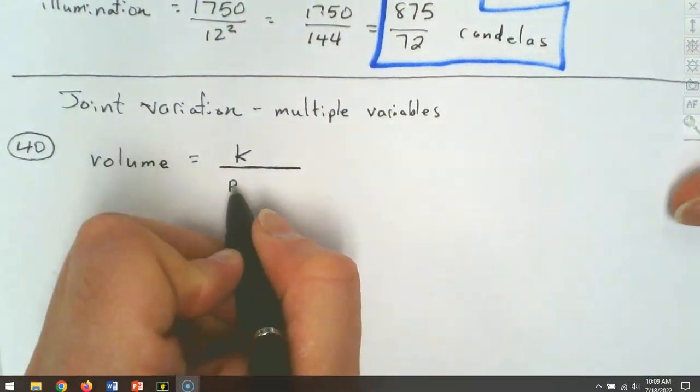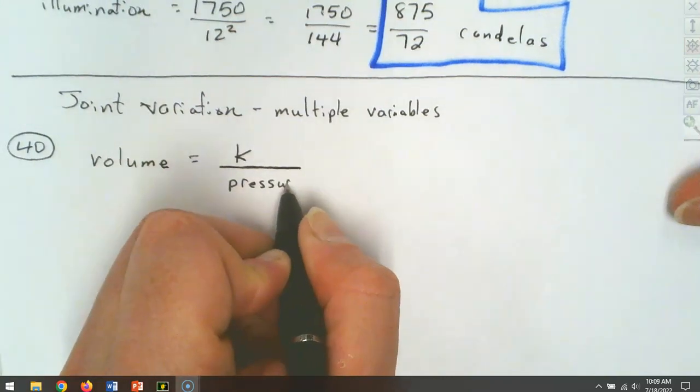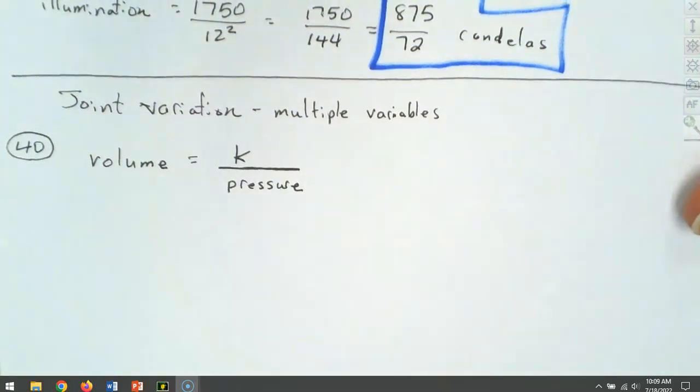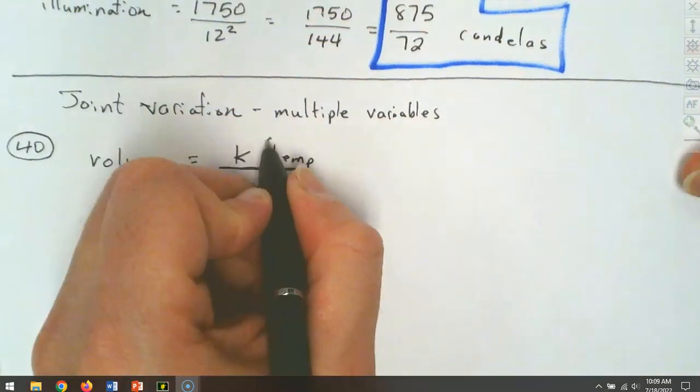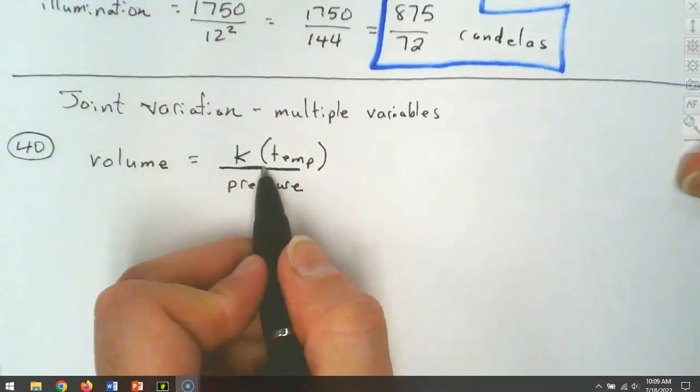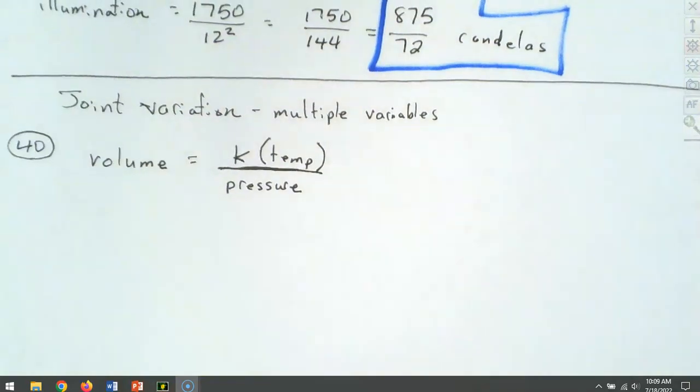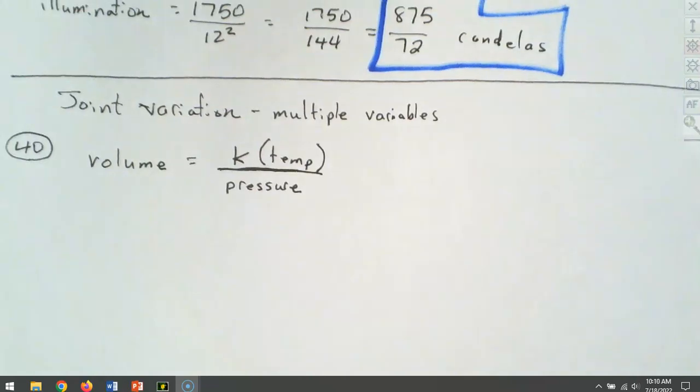Inversely as the pressure, so that goes down below. Directly as the temperature. So there we go. There's our formula. Now we've got to find that value of K again.